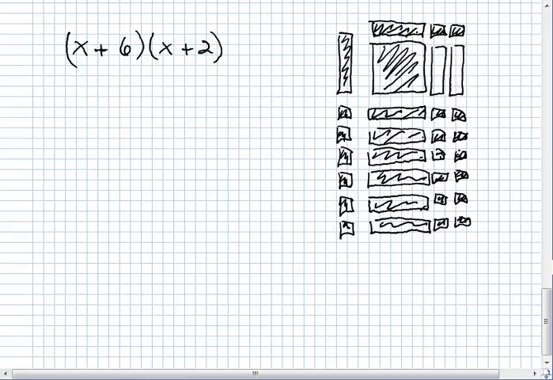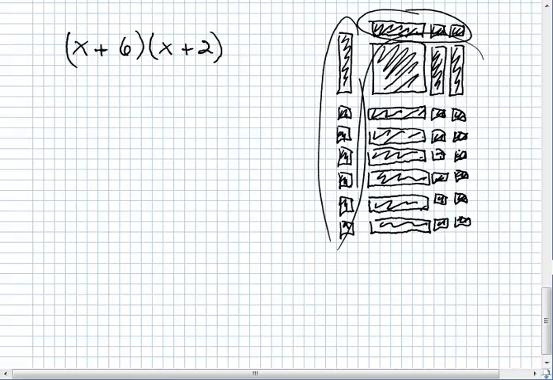Okay, well, I've drawn for you really quickly, really roughly, what the algebra tile representation would be for that. Here's x plus 6 here. This is x plus 2. There's the product here in the middle. But to do this without algebra tiles is also going to be required of you, and we do that again using the distributive law. So if you'll notice here, I'm going to take the first term here, x, and multiply it by the first term in the second set of brackets.